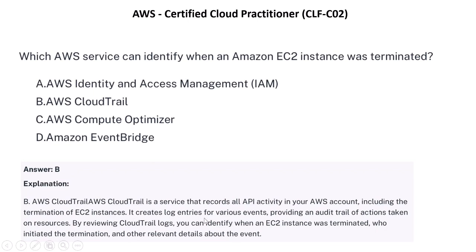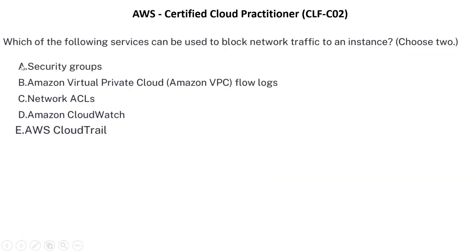It creates log entries for various events, providing an audit trail of actions taken on resources. By reviewing CloudTrail logs, you can identify when an EC2 instance was terminated, who initiated the termination, and other relevant details about the event.